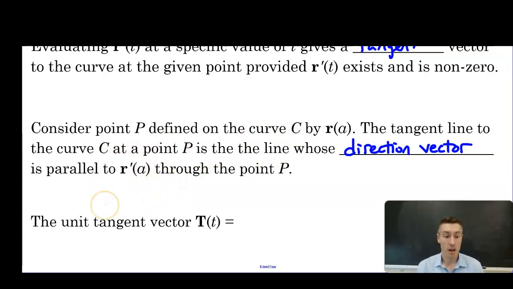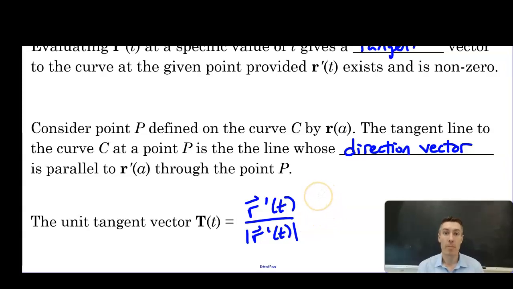And then the unit tangent vector. We've had a lot of discussions about unit vectors, vectors whose magnitude is 1. So the unit tangent vector gets its own notation, capital T of t, and that's going to be defined as r prime of t, the tangent vector, over its magnitude, the magnitude of r prime of t, since that's how we create a unit vector.